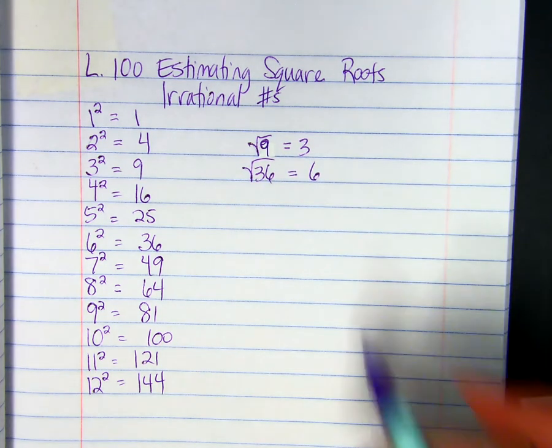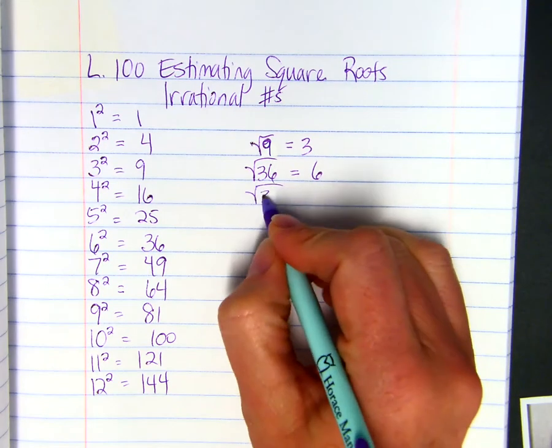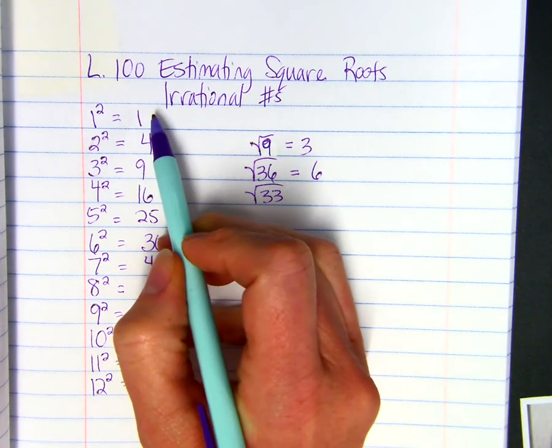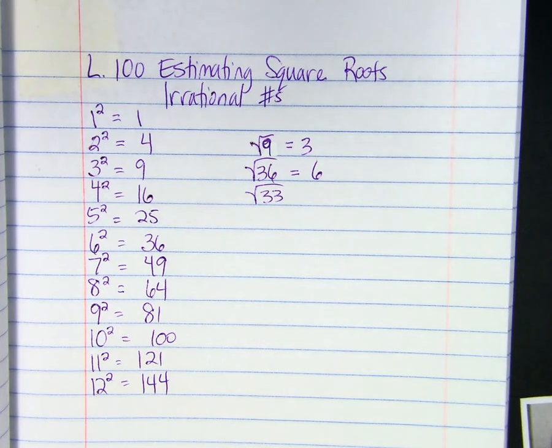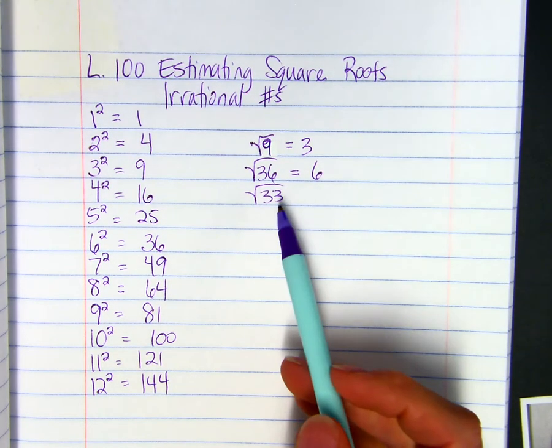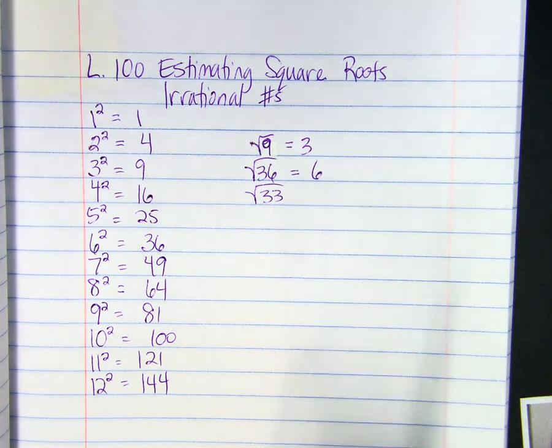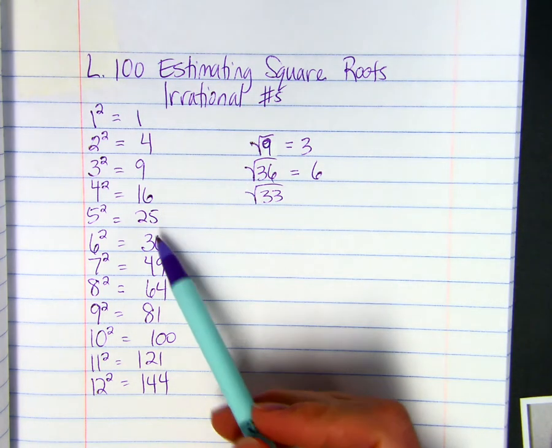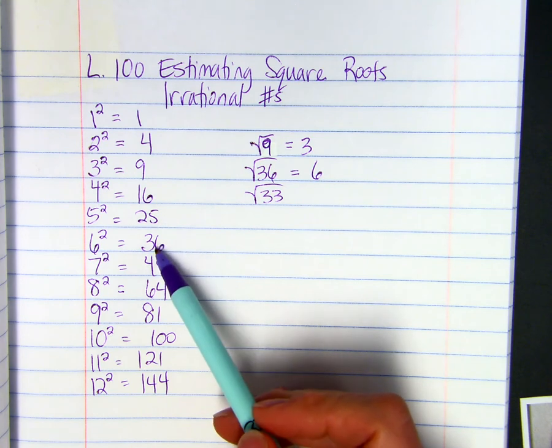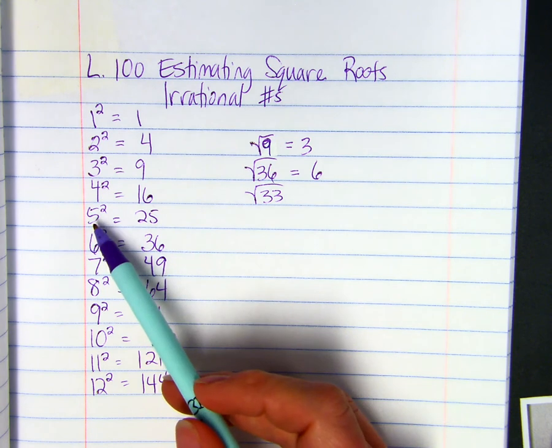Now if you have the square root of a number that is not a perfect square, like the square root of 33, you can look and find what 2 numbers it is between. So if you look at 33, it's between 25 and 36. So the square root of it will be between 5 and 6.